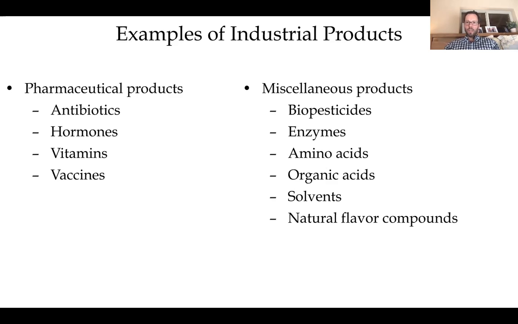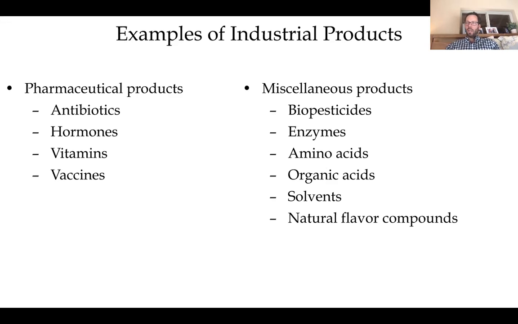That comes oftentimes from microbial produced sources. And then definitely vaccines. Biopesticides. So what's a biopesticide? That is taking either a pesticide that a microbe uses, or more commonly, using a microbe to produce a certain pesticide, rather than chemically making the pesticides in like an organic chemistry lab.